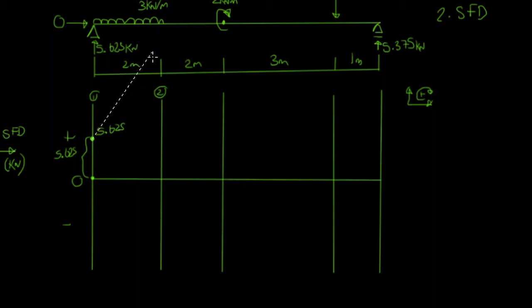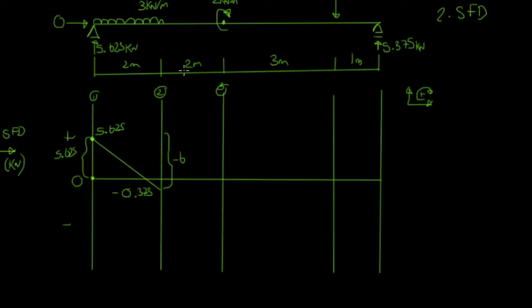That 3 kilonewtons per meter is acting across 2 meters, that's a total of 6 kilonewtons. So that's how much our shear force is going to reduce by. That's going to send us just into the negative axis about here. And that reduction from up here down to this point here is going to be minus 6. And that's going to bring us to negative 0.375 kilonewtons.